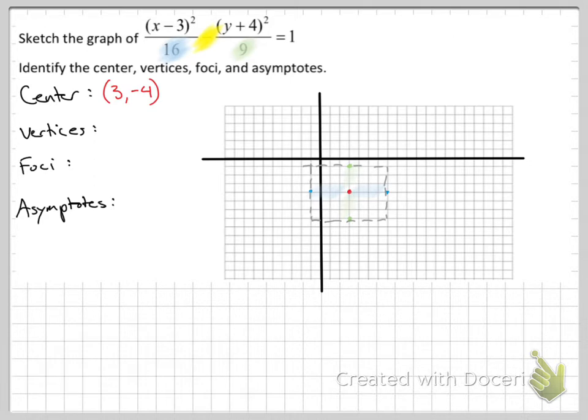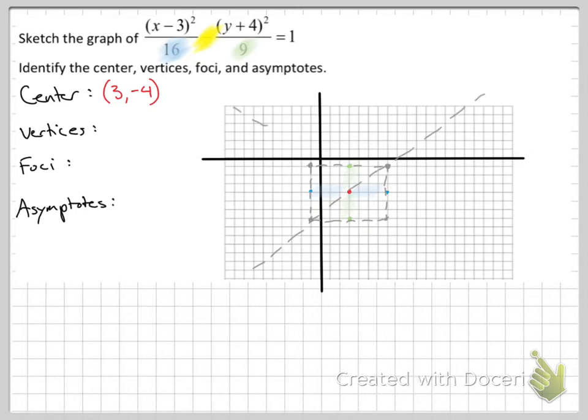The reason I make that rectangle is because I need the corners. And it's perfectly fine with me if you just find the corners without actually drawing the rectangle. So next time maybe I'll just find the corners of what would be that rectangle. Because my asymptotes go straight through opposite corners and the center.